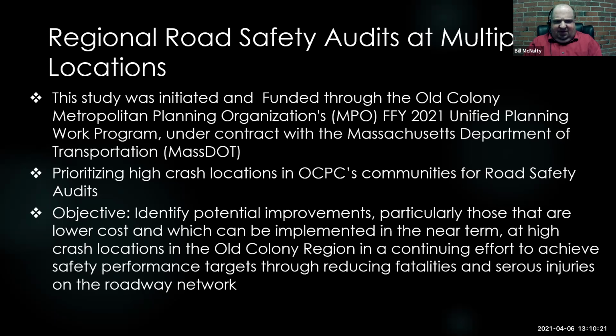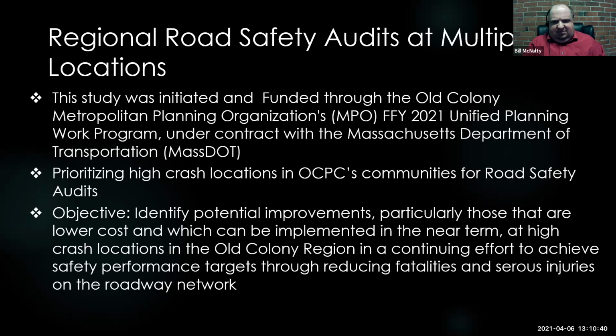In the town of Abington, we came up with these two intersections, both ranked fairly high. The one that I'm about to go through, Route 139 at Chestnut Street and Old Randolph Street, actually ranks amongst the highest in the community.